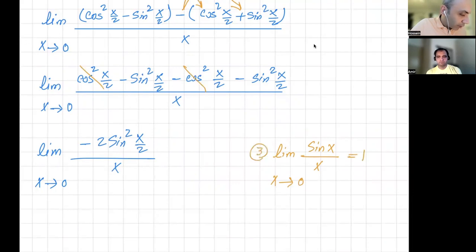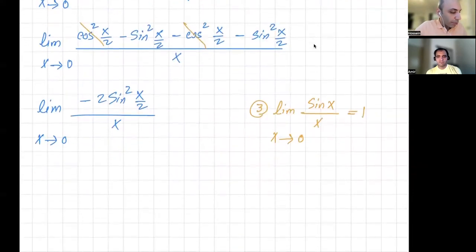That's a famous one, actually. That's the third fundamental identity we use here, correct? Right. There are different methods to prove it. One is the squeeze theorem. The other one is L'Hopital. I'm not going to get into proving that. I'm going to use it here to solve this limit.